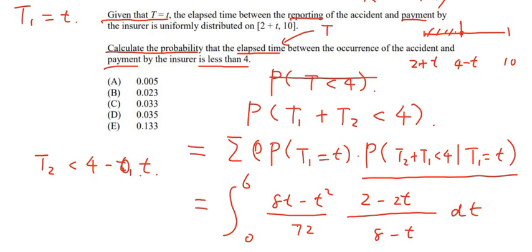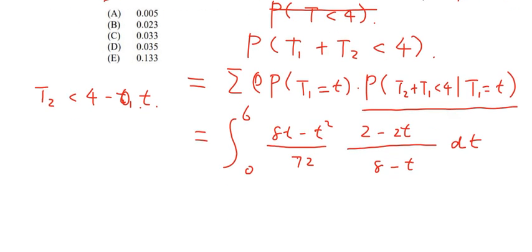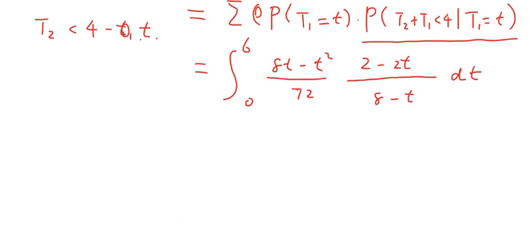Now we just do this integration and simplify. The 8 minus t cancels, so it simplifies. The 72 and 2 we can take out, so this is t times 1 minus t, dt.